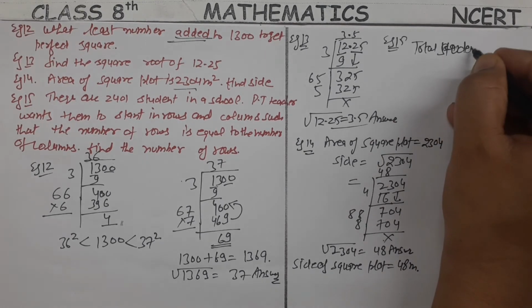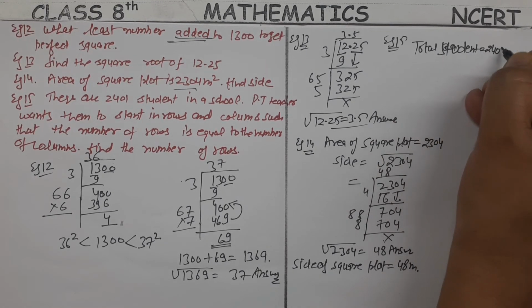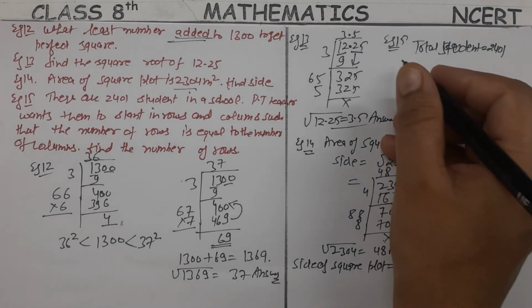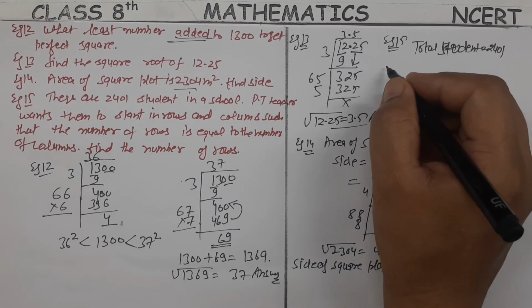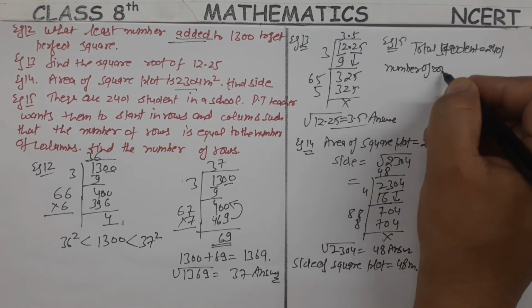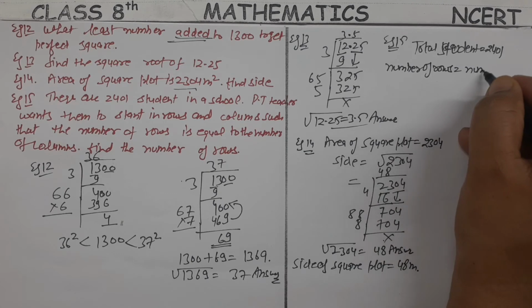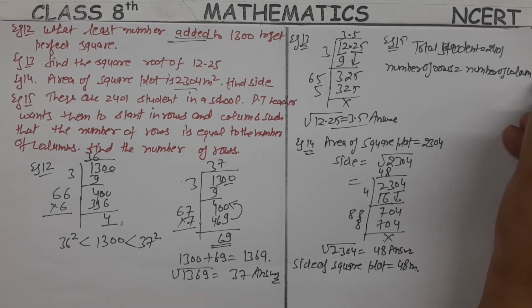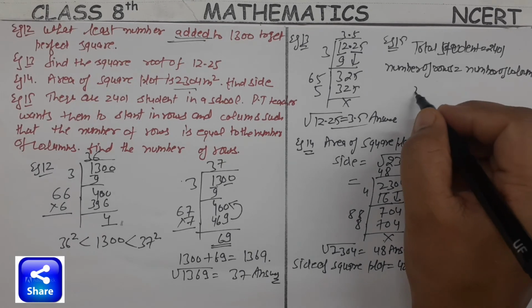Total students 2401. Number of rows equal to number of columns.